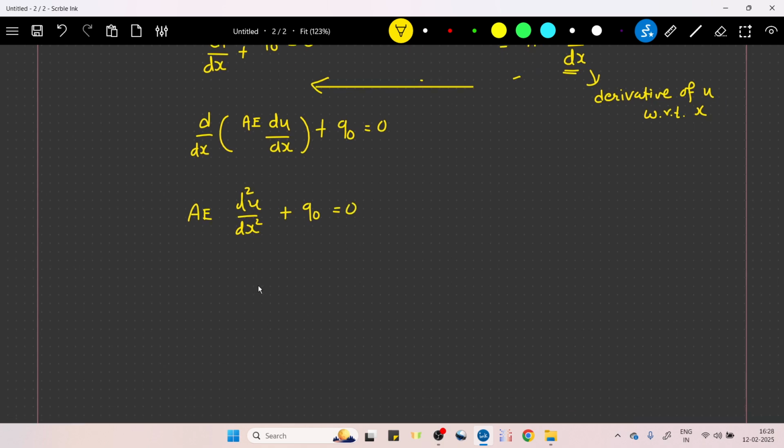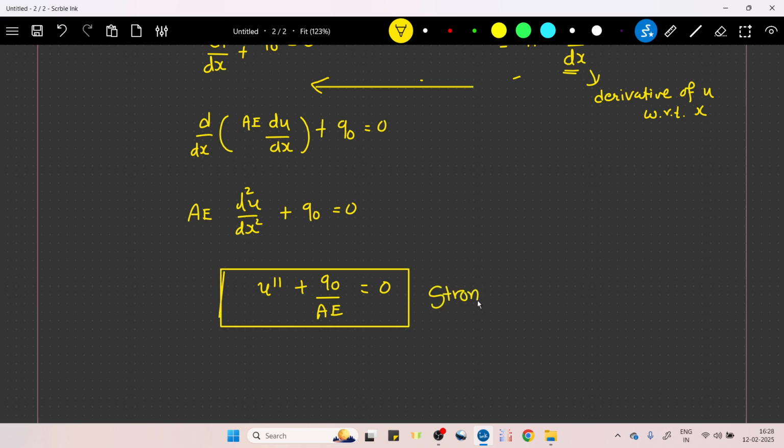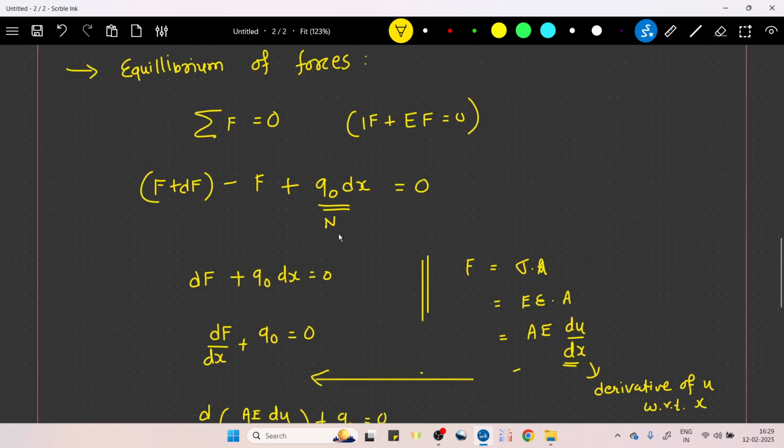So I can write it in terms of u double dash plus q0 by A E equal to 0. So this is my strong form. Okay, so we have got the strong form.